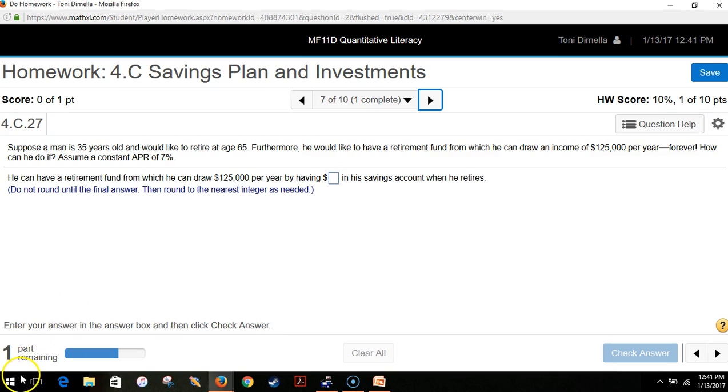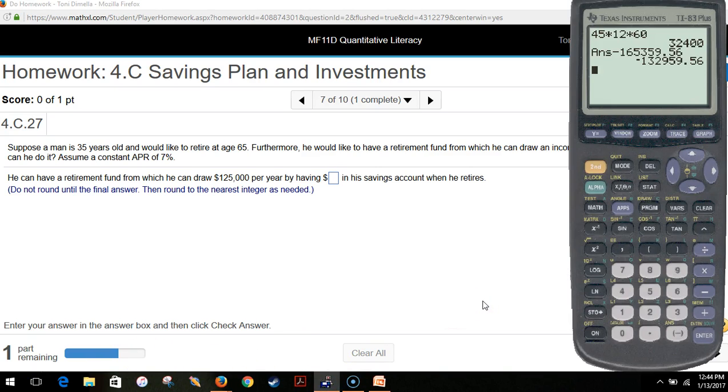And so I need to figure out how much money I have to have saved up for that retirement fund. So the first part is going to be figuring out 7% of what amount is $125,000. So 7% of what number is going to be $125,000? A lot of money.